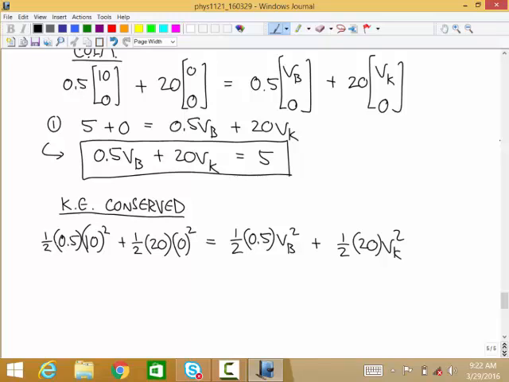And I'll simplify this a little. We'll cancel out the halves, and then we'll divide everything by 0.5, and you get that VB squared plus 40 VK squared is equal to 100.